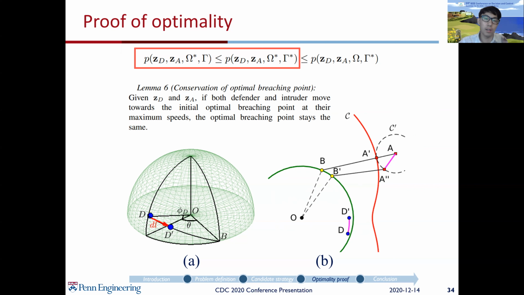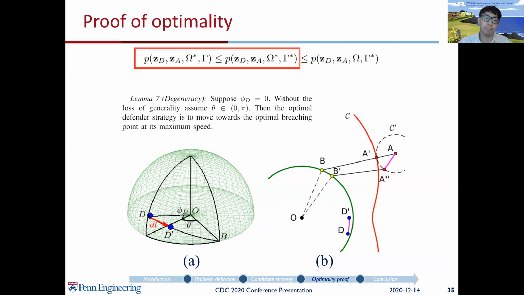Basically, when they are approaching the breaching point, the payoff should stay the same as well. And degeneracy happens when phi d is 0. In this special case, we say that the optimal defender strategy is to move towards the optimal breaching point at its maximum speed.